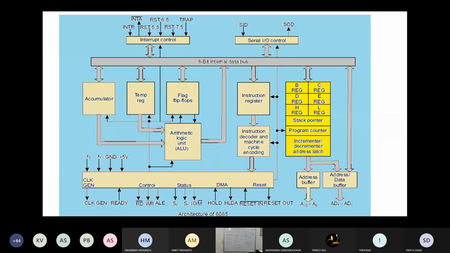What is branching? Already I have given you. Branching means where to jump. I already told you, jump: jump to another branch, jump to this location. Then another one is call. This word is familiar? Whenever subroutines are called. And then return. This word is familiar? You guys are good programmers.